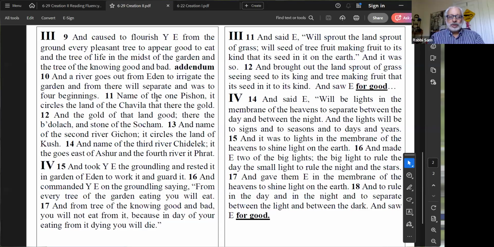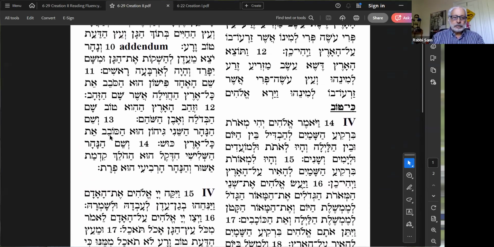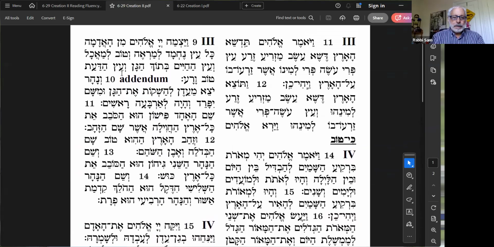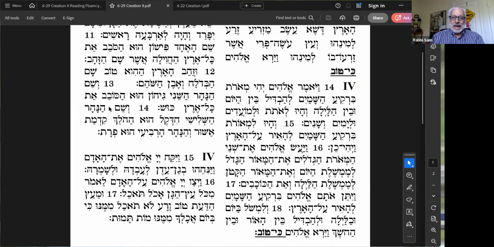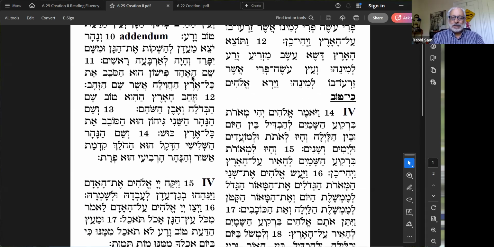And the river flows out from Eden and it irrigates the garden. And when the river goes through Eden, it then separates out into, in Hebrew, it's called Arba'a Rashim, 4 heads, or 4 beginnings. So Yipared is to separate.